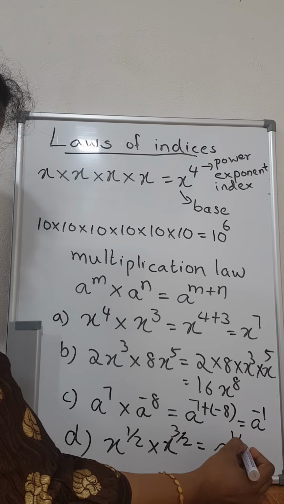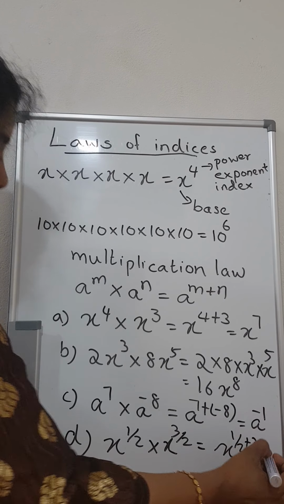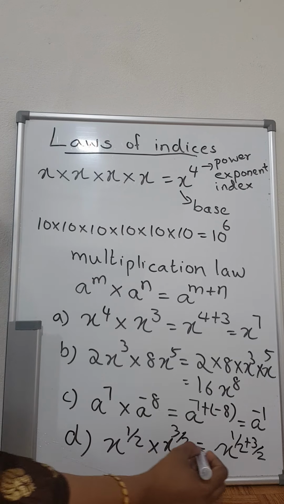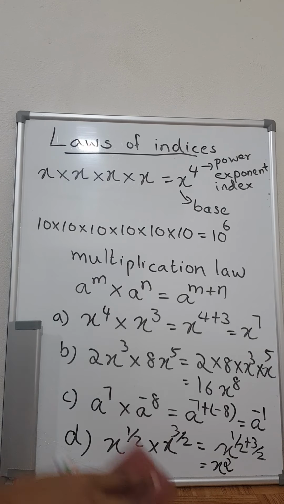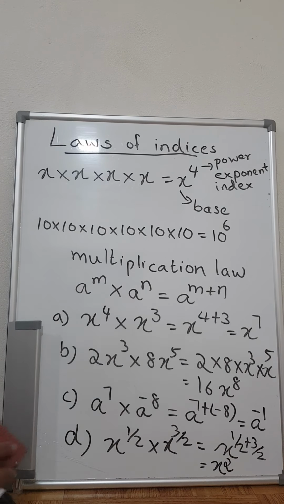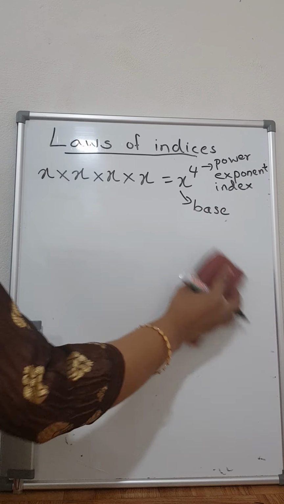Half plus 3 by 2. That is 4 by 2. So 4 by 2 is 2, x squared. We'll see more examples.